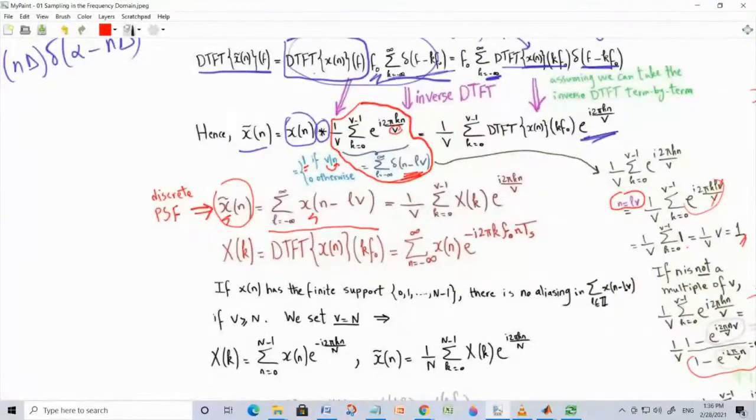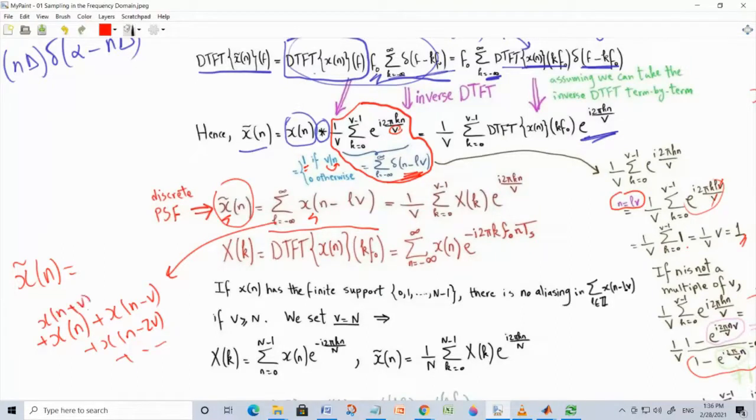So this is what we learn. X tilde of n is equal to x of n plus x of n minus v plus x of n minus 2v, and so on. It's also plus x of n plus v, and so on. Basically, when you sample the spectrum, you get a new signal in the time domain, which is basically the original x of n, but shifted at all integer multiples of v and added.